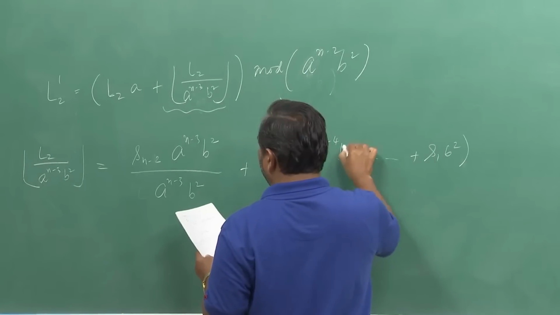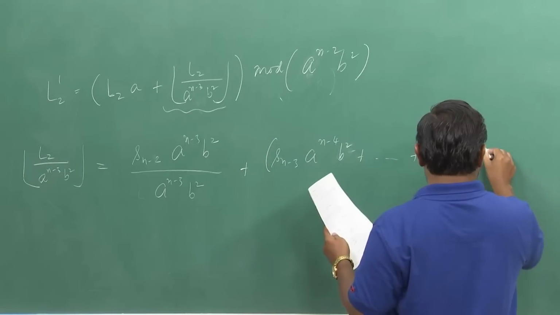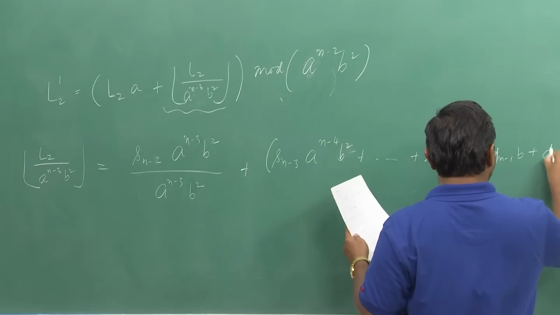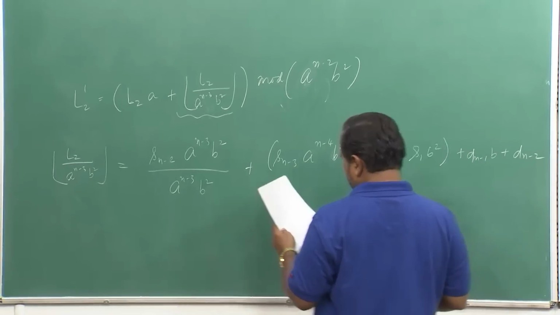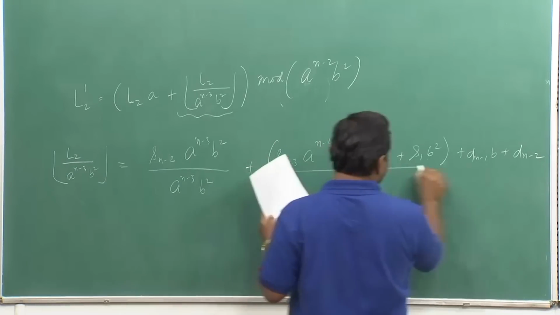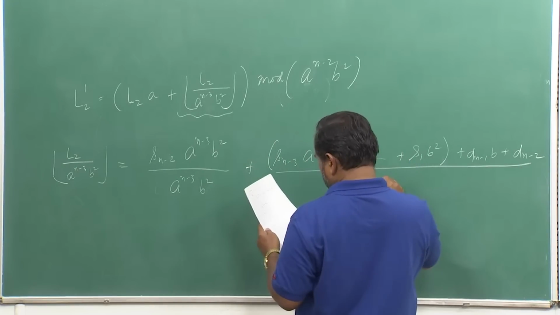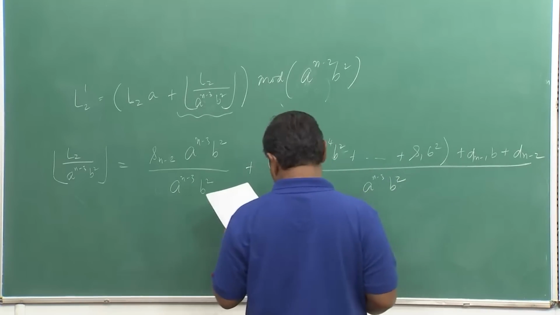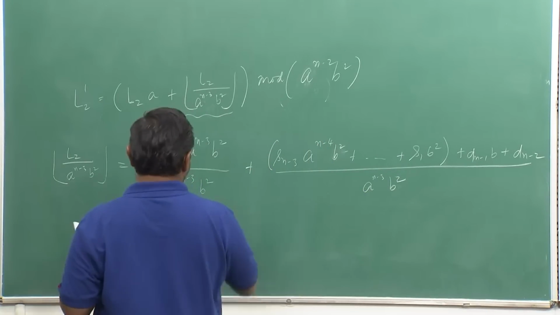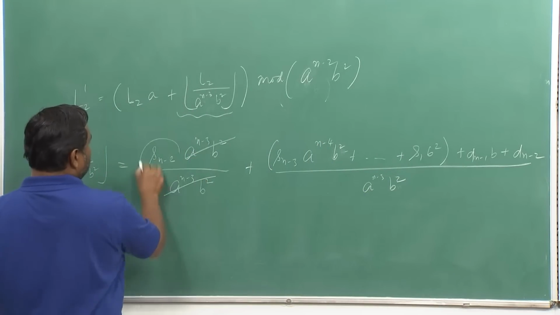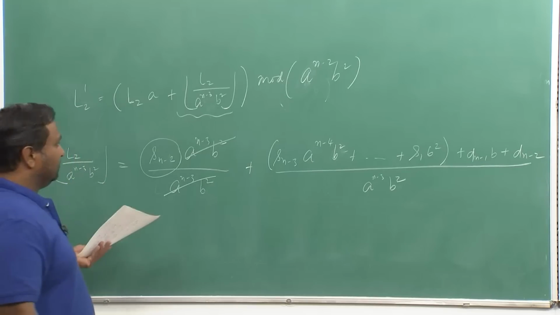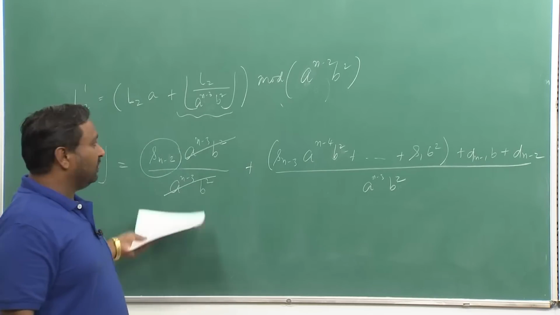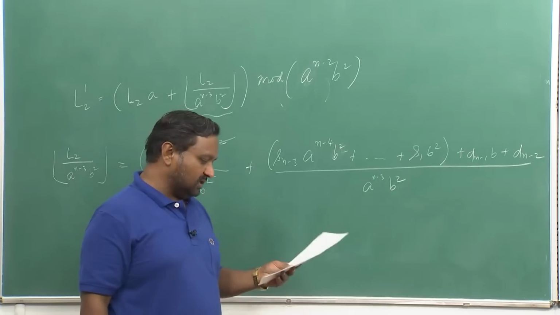Sorry, this is b square. And I have to divide by a n minus 3 b square. So this one actually cancels out. So, this one is a complete number. Okay. So, when I take the floor function this will certainly contribute, I have to only worry about this one.